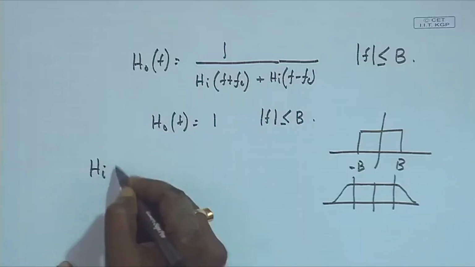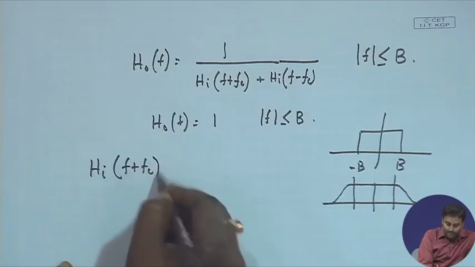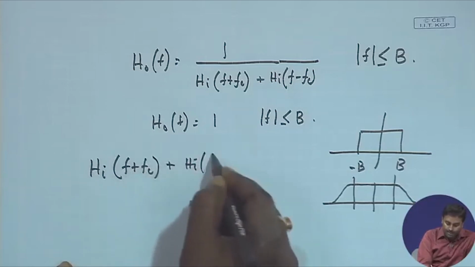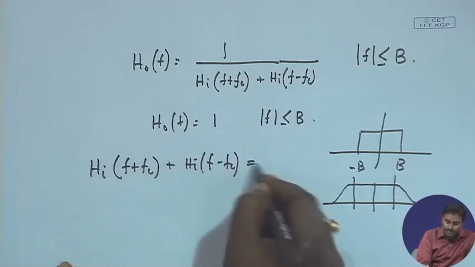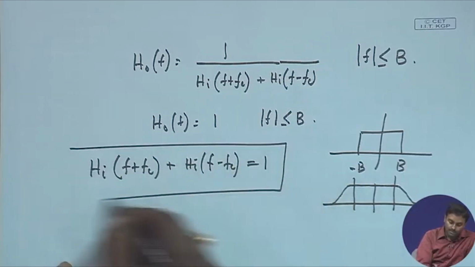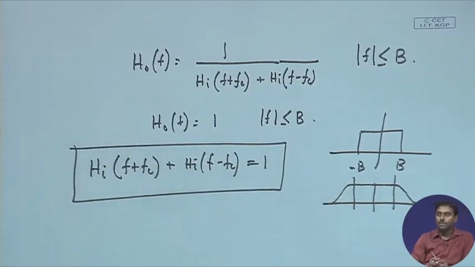So if I assume this, then within the band I can immediately write that H_IF(f + fc) plus H_IF(f - fc) must be 1. This happens to be one of the desired criteria for designing my input filter. The output filter is now very simple, it is just a low pass filter.